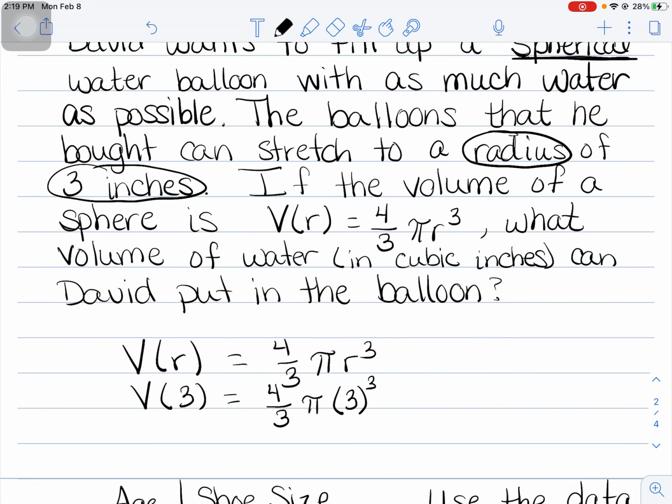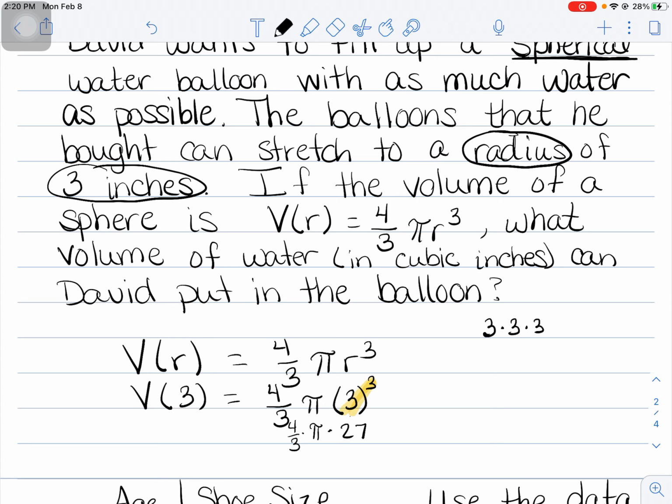Now, you can use your calculator or Desmos calculator, but 3 cubed is the same thing as saying 3 times 3 times 3. Well, 3 times 3 is 9, and 9 times 3 is 27. So this becomes 27, and these are all being multiplied because they're right next to each other.